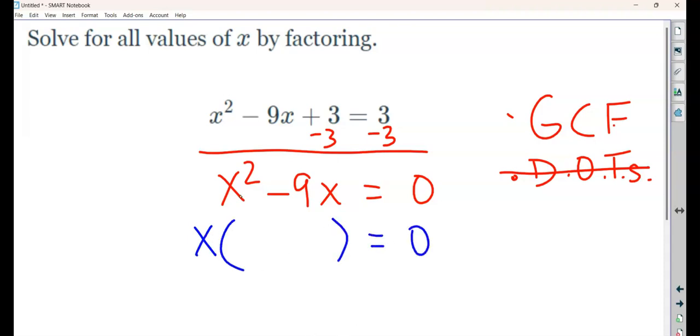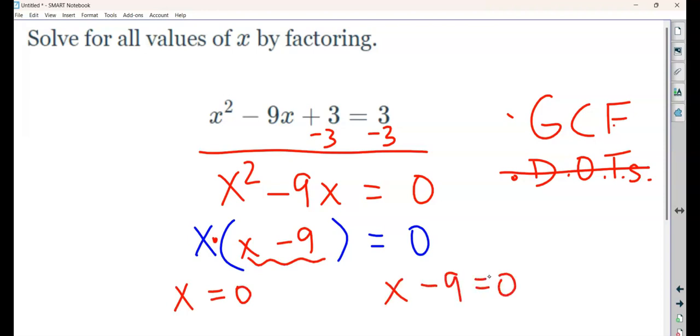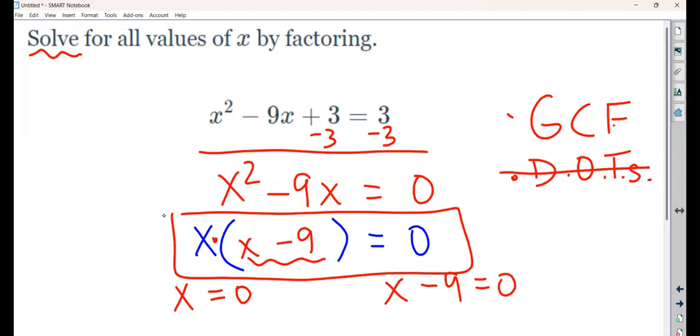And what remains when I divide each of these by x is x minus 9. Now, anytime you have a product that's equal to 0, either the first factor has to be equal to 0 or the second factor is equal to 0. And that's how we set up our equations for solving. You can't do any solving until you have factored your question into two parts.